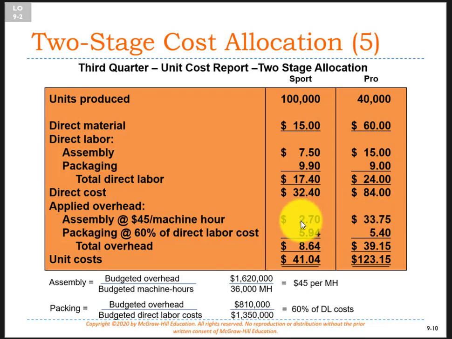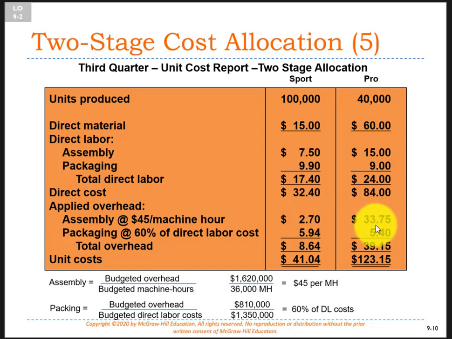Sport uses a very small amount of machine time, and Pro uses, well, relatively a lot of machine time. It's still less than an hour, but it's still considerably more than Sport.